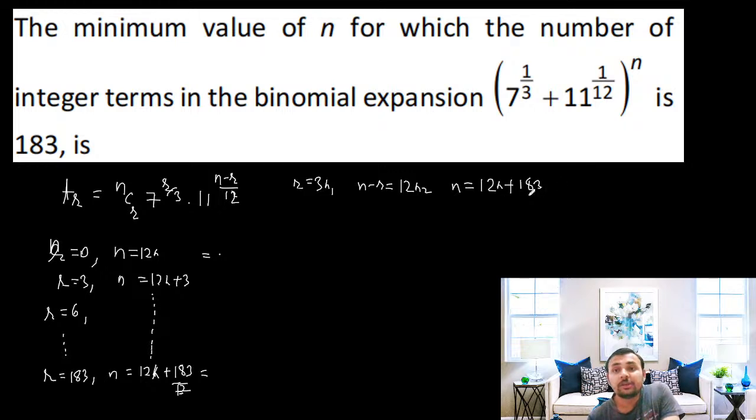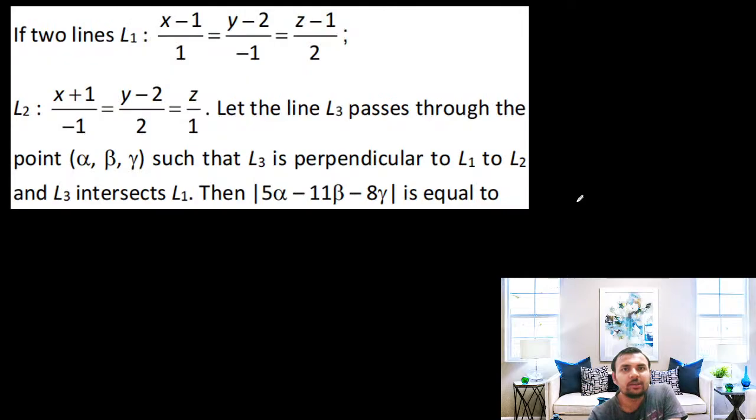So if we divide it by 12, we are going to get lambda, and we are going to get 60 plus 3 by 12. So now this lambda and 3 by 12. Okay. It should be the multiple: 12 lambda plus 3 a multiple of 12. Let's move back. Okay.